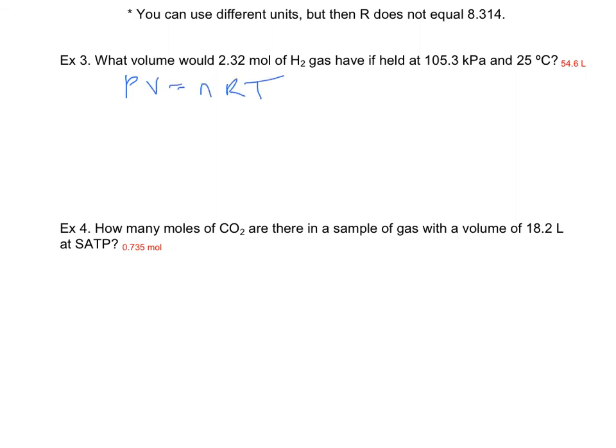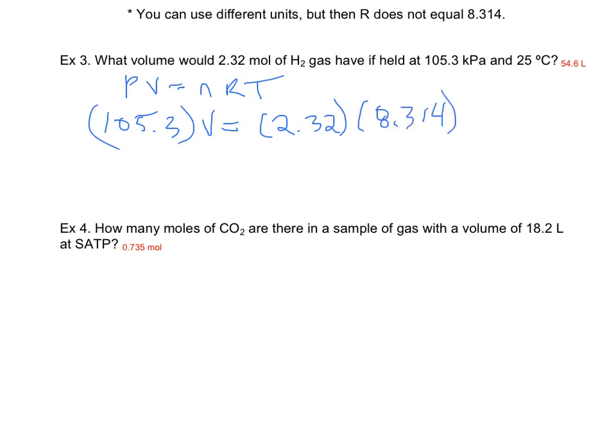I'm going to sub into it what I know. My pressure is 105.3 kPa. I'm looking for the volume. I've got 2.32 moles. R equals 8.314. And my temperature converted into Kelvin is going to be 298. If I rearrange and solve for volume, I'm going to get 54.6 liters.